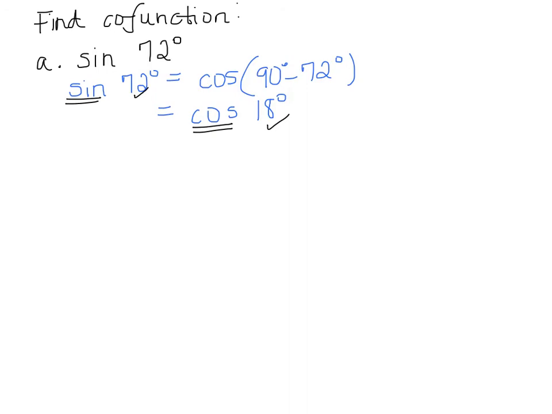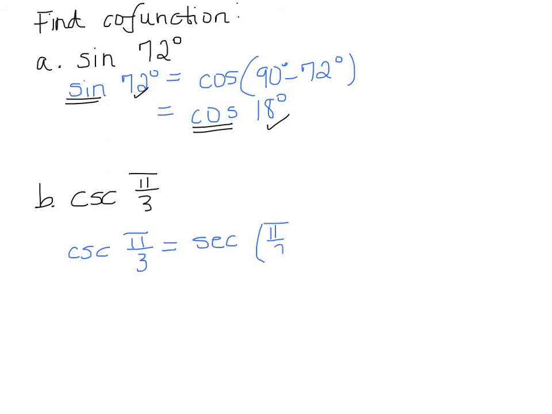Okay, and then let's say they gave it to us in radians and they use cosecant. Well, cosecant of pi over 3. Remember, cosecant and secant are cofunctions. Cosecant, secant. And you'll hear that root word. And since they gave it to you in radians, you're going to have to change 90 degrees to pi over 2, minus our given angle, which was pi over 3.